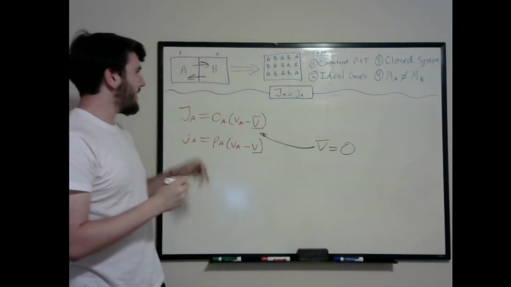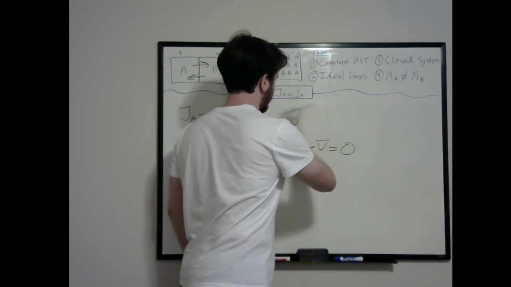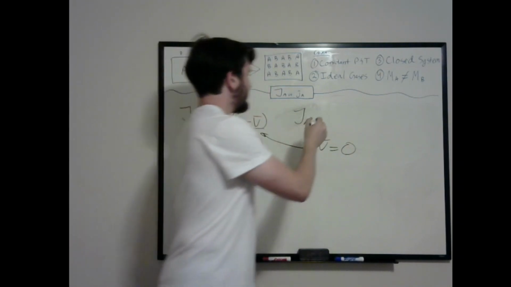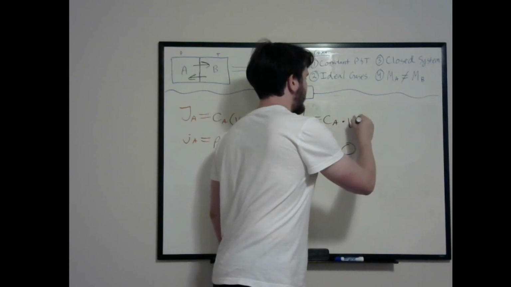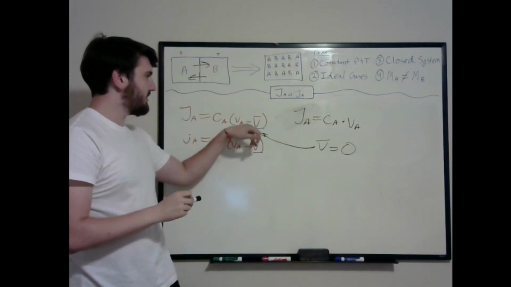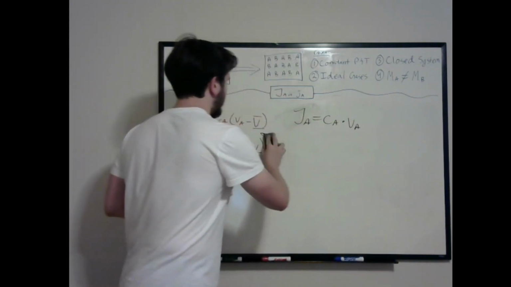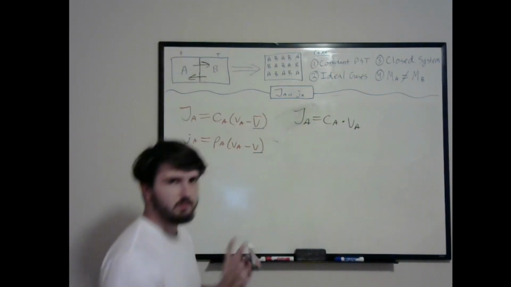that now we have the molar diffusive flux of A is equal to the molar concentration of A times the velocity of A, because that is 0, subtracts, goes away. With that, we're actually going to rewrite it down here and save that for later.